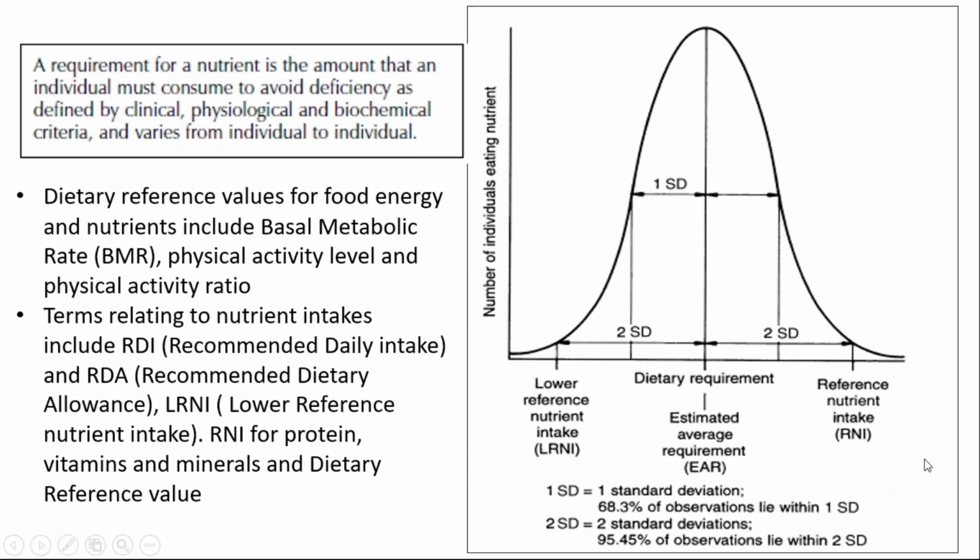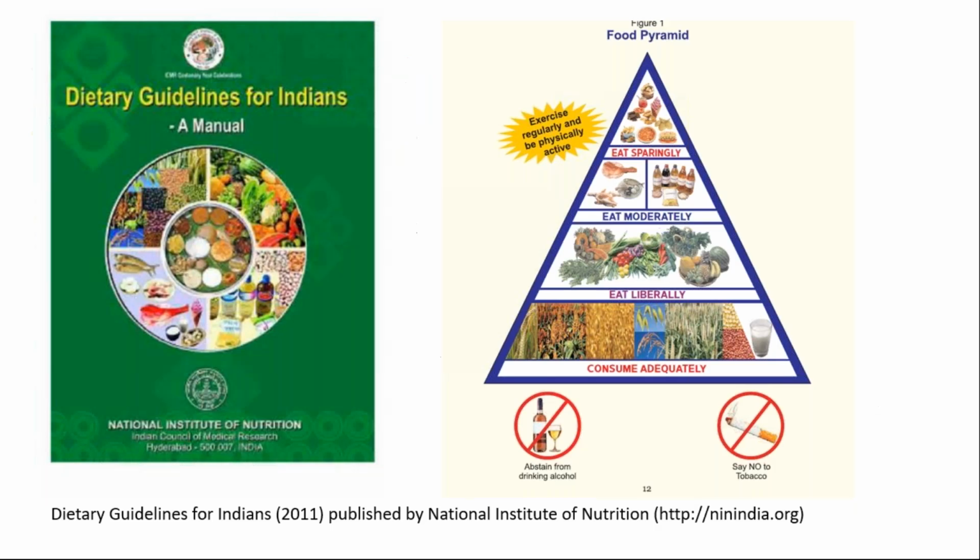Doing all this, taking into account how much food is eaten, the average weight depending on gender, and physical activity, the National Institute of Nutrition has made this manual, which is the dietary guidelines for Indians. It is freely downloadable, so I would recommend that you all download and read this.